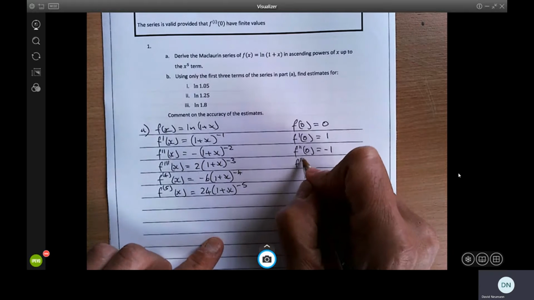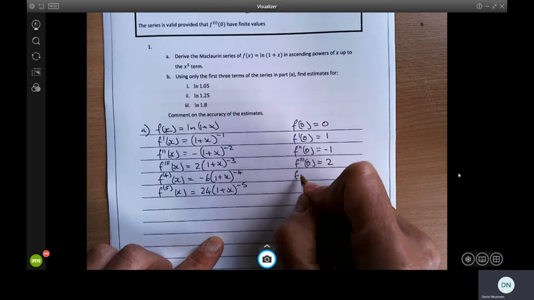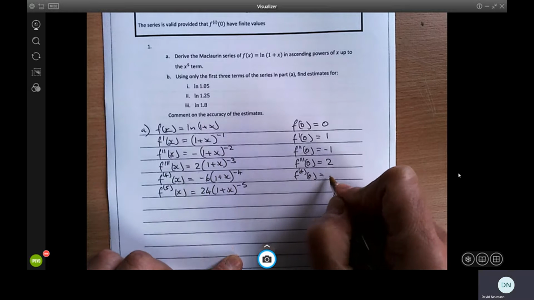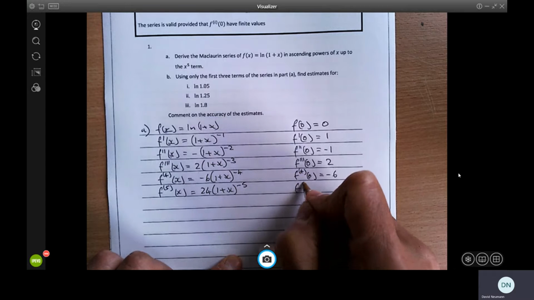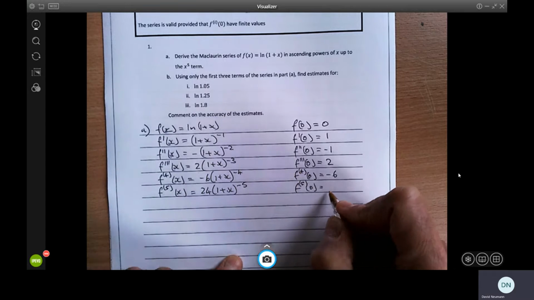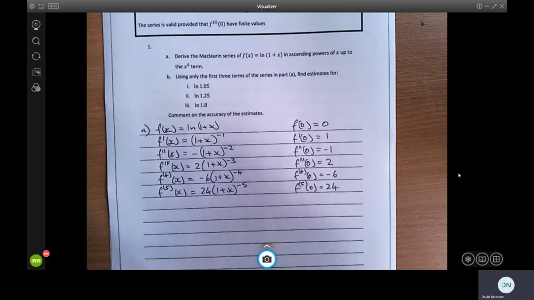F triple dashed of 0 is going to be 2. F 4 at 0 is going to be minus 6, and f5 of 0 is equal to 24.